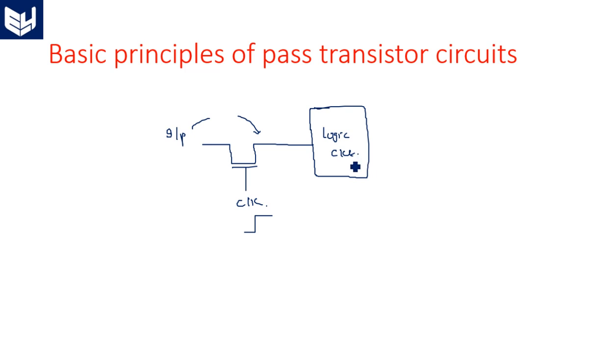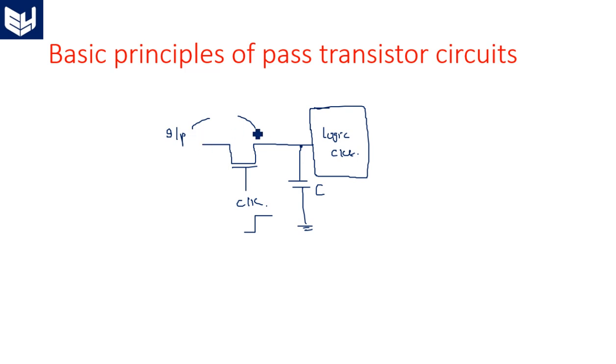Parasitic capacitance is nothing but a virtual capacitance, an input capacitance that appears from gate terminal to the ground. Gate is at the input. So from here to ground, we have some capacitance effect at the input of this logic circuit because of the high input impedance. We know very well CMOS circuits have high input impedance.